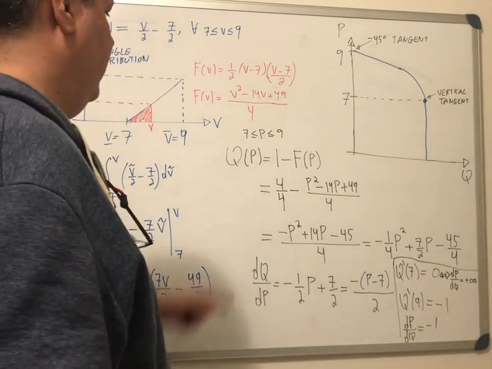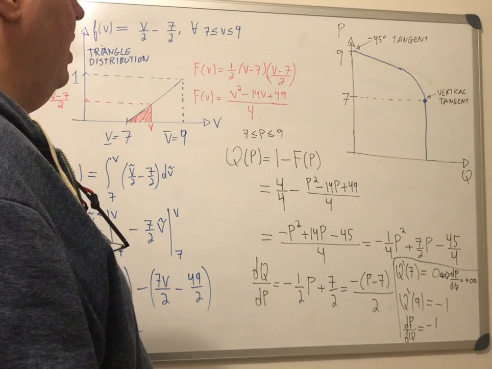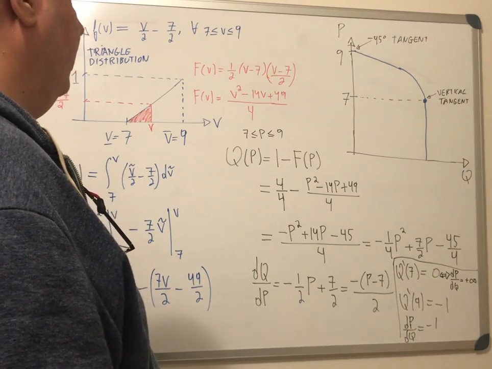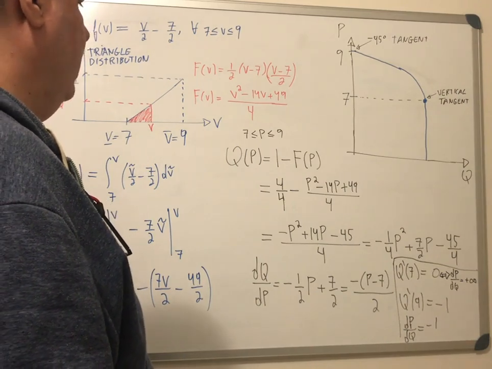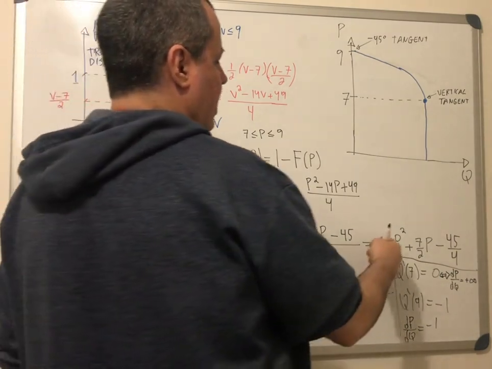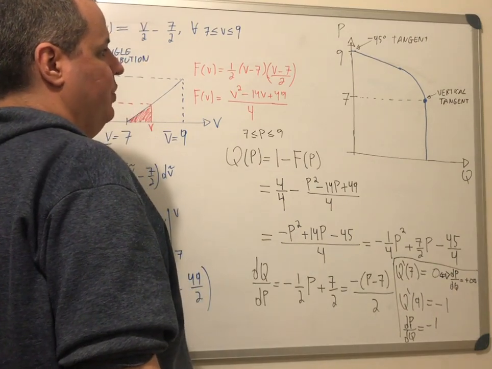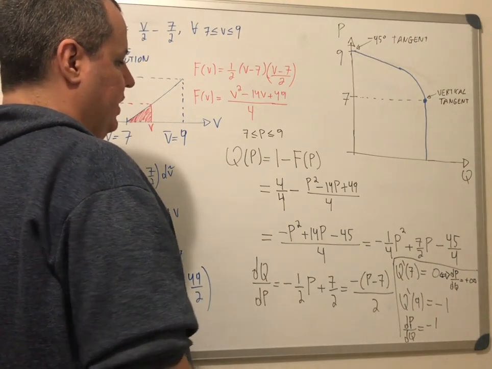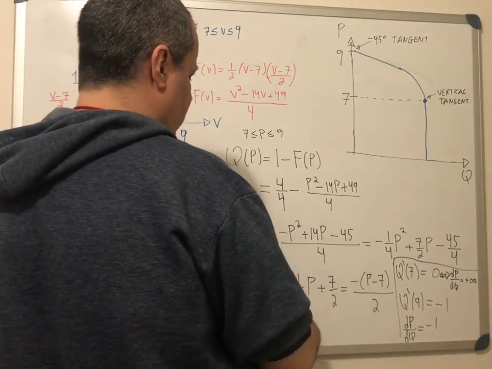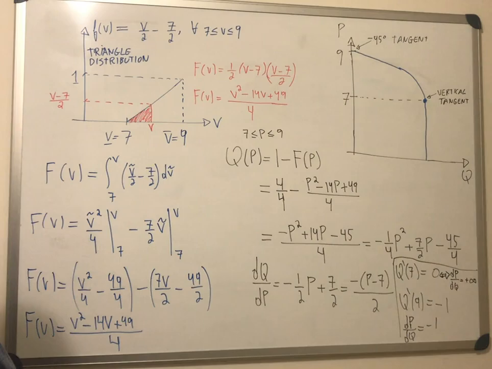I can have an explicit formula for that. Q is going to be a quadratic function of p. And if I take the derivative, I can even find the slope.